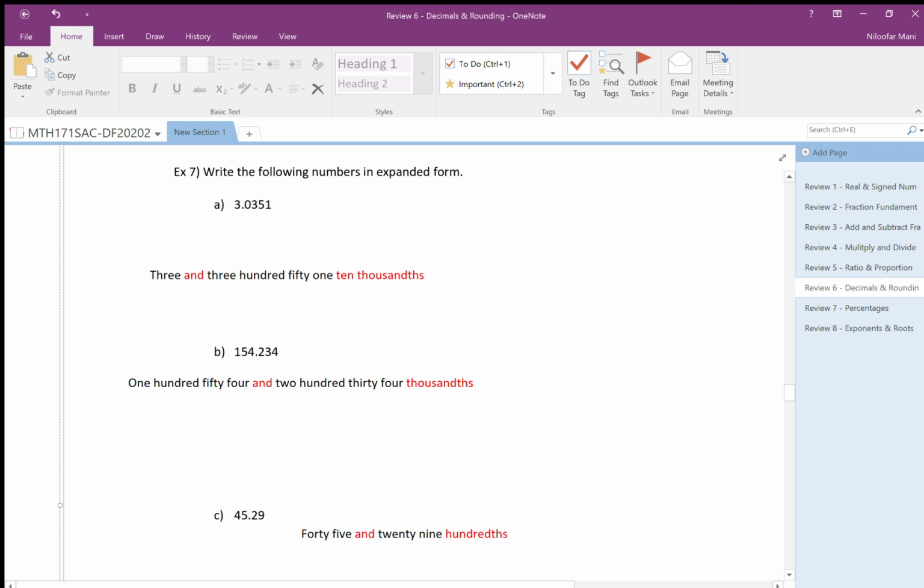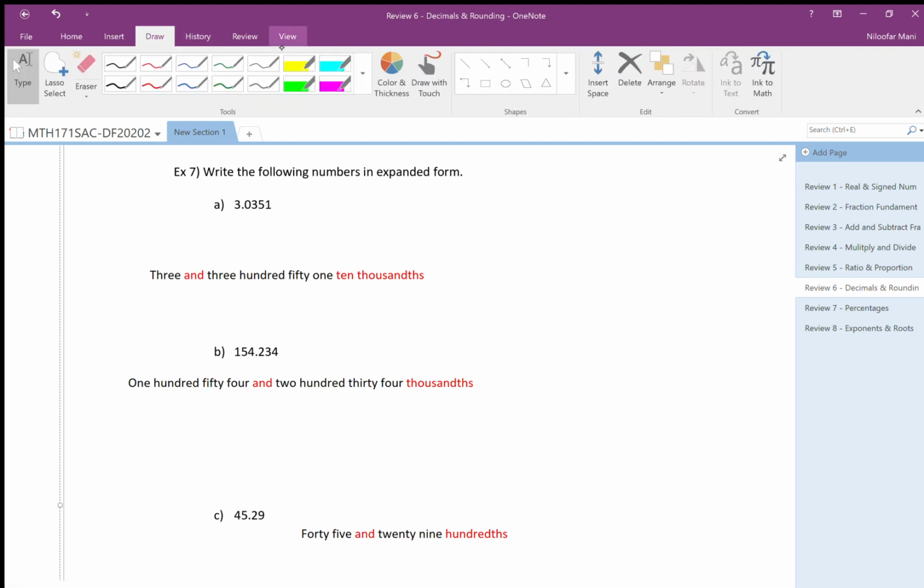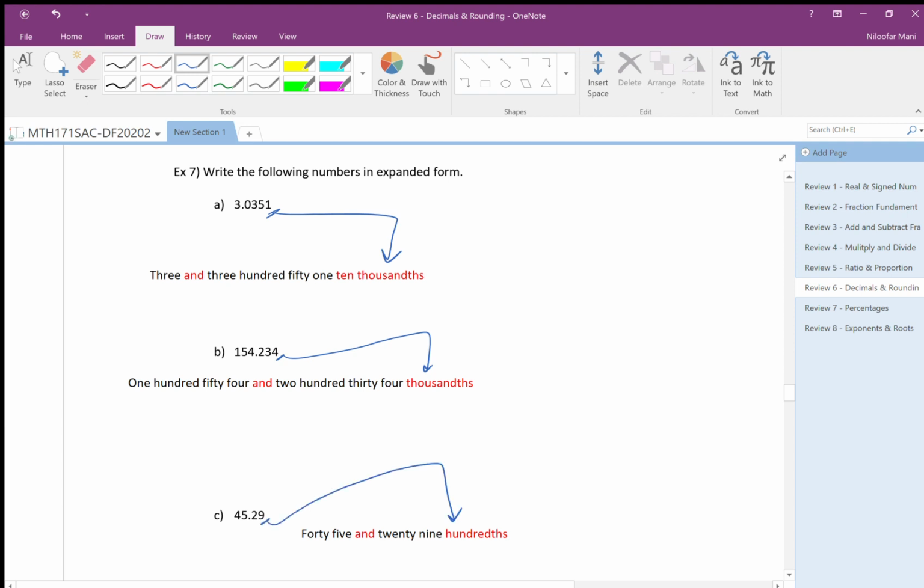At the end you put the place value of the last number. Here the last number is 1, which is 10,000. How about this? This is 100.